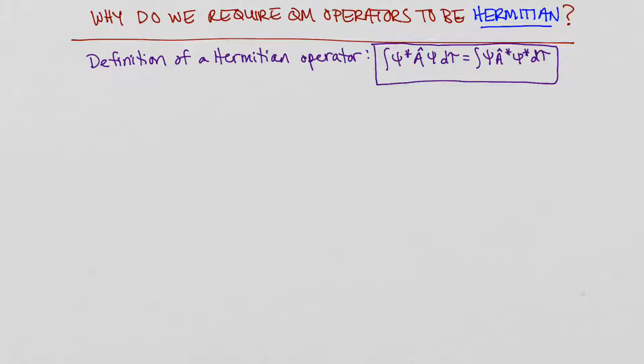we have the integral of psi star times our operator times psi, also known as our average value of quantity A. It's just your regular old average value expression. And then if we have our Hermitian operator, we know that that expression is equal to this quantity, where we've basically just taken the complex conjugate of that average value.